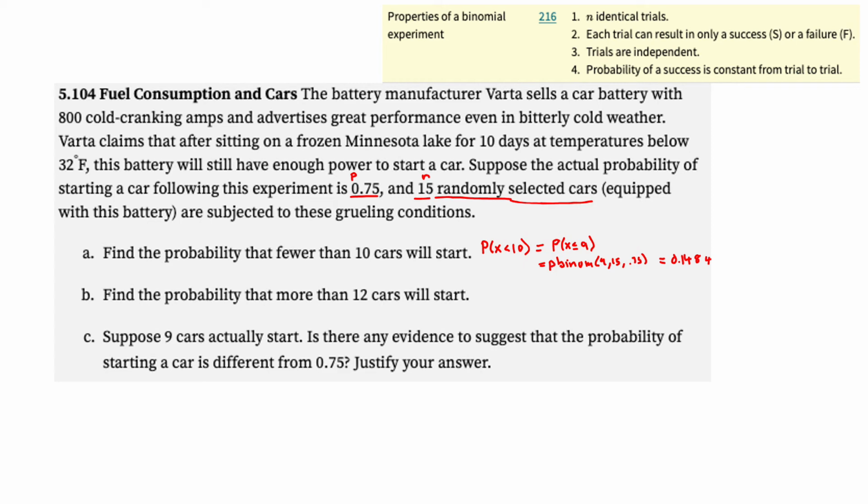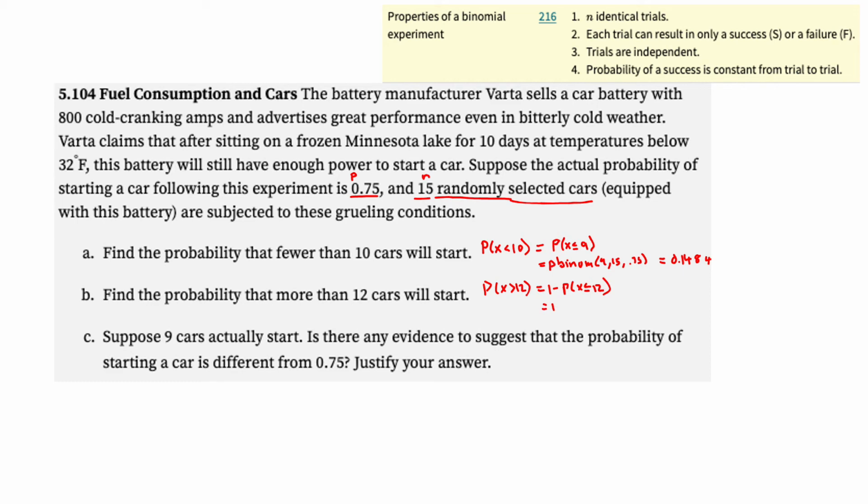Next, on B, find the probability that more than 12 cars will start. This is the probability that x is greater than 12, and we can write this as 1 minus the probability of x less than or equal to 12.